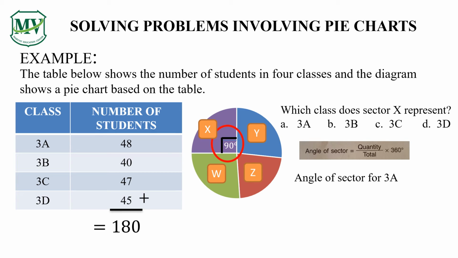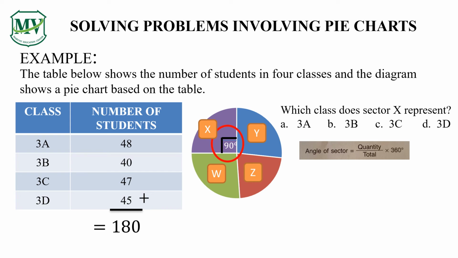In class 3A, the number of students is 48 divided by 180 times 360 degrees. 48 divided by 180 times 360 degrees is equal to 96 degrees. The angle sector of 3A is not equal to 90 degrees. That means class 3A is not the class represented by X.